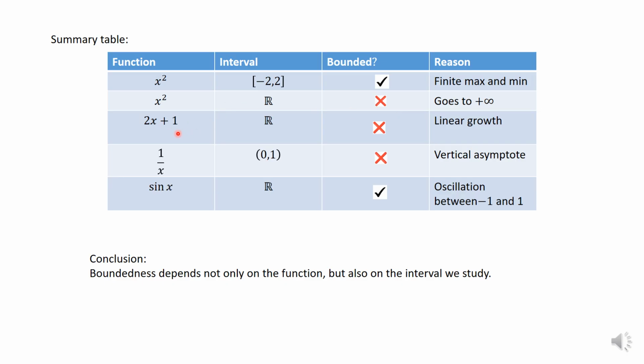It has linear growth. It's the equation of a line. So over R it is unbounded. 1 over x has a vertical asymptote, so it is unbounded over 0, 1 and over R. Now sin x is a bounded function over R because it oscillates between -1 and 1. As a conclusion, boundedness depends not only on the function itself but also on the interval we study.